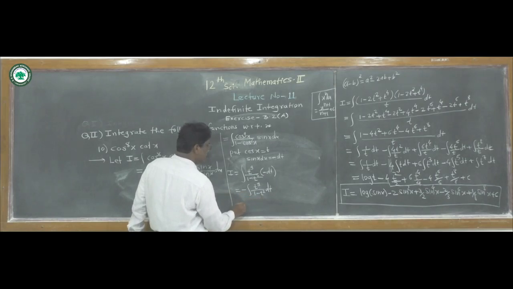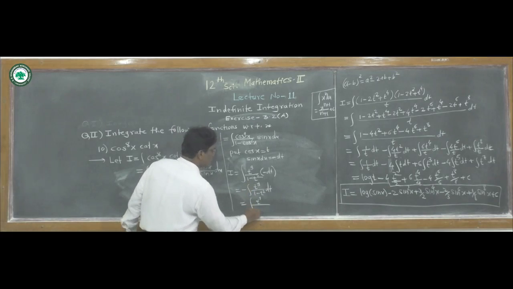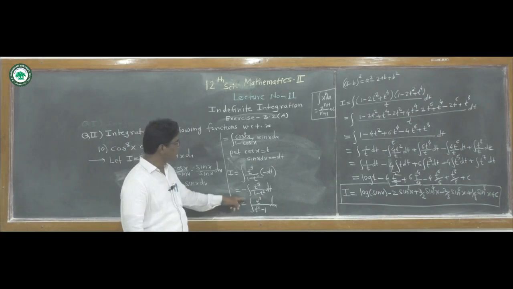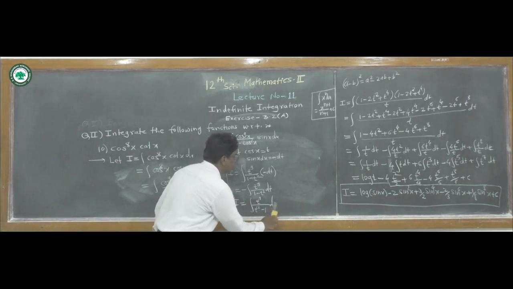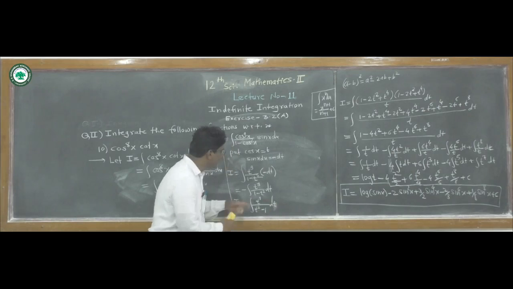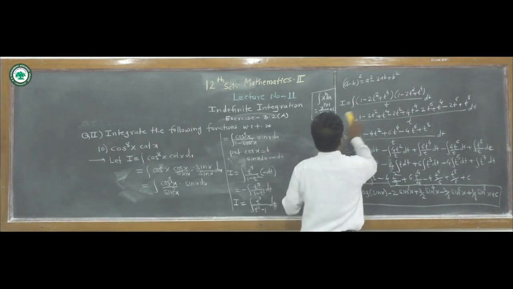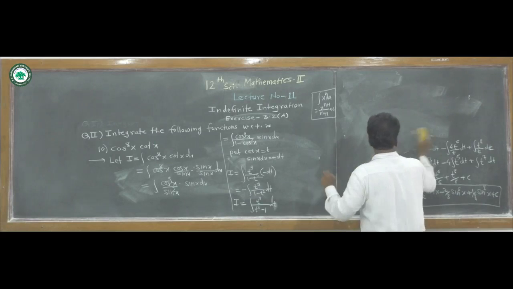So we get integration of t to the power 9 divided by minus 1 plus t square, so t square minus 1 dt. In this way we get I is equal to integration of t to the power 9 upon t square minus 1 dt. Now here we divide numerator by denominator by using our previous methods which we learned in school. So how do we divide numerator by denominator?